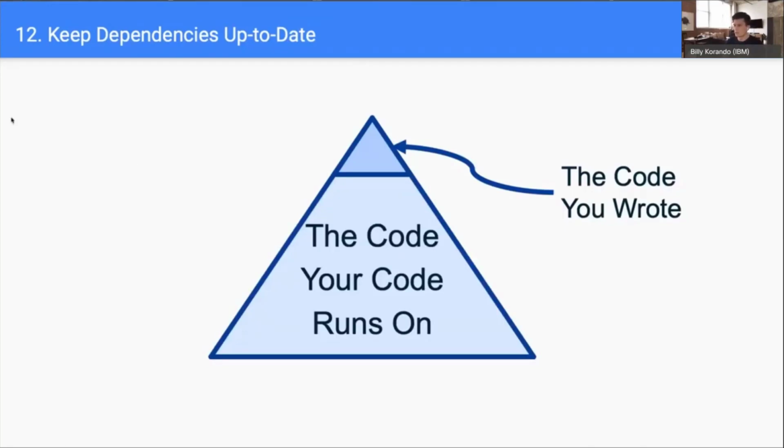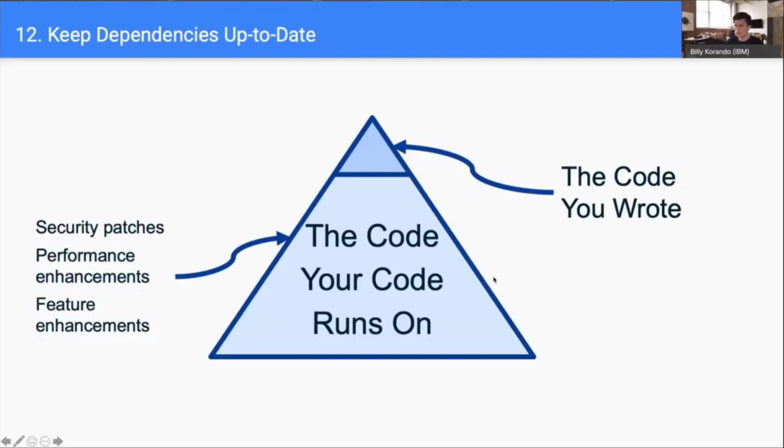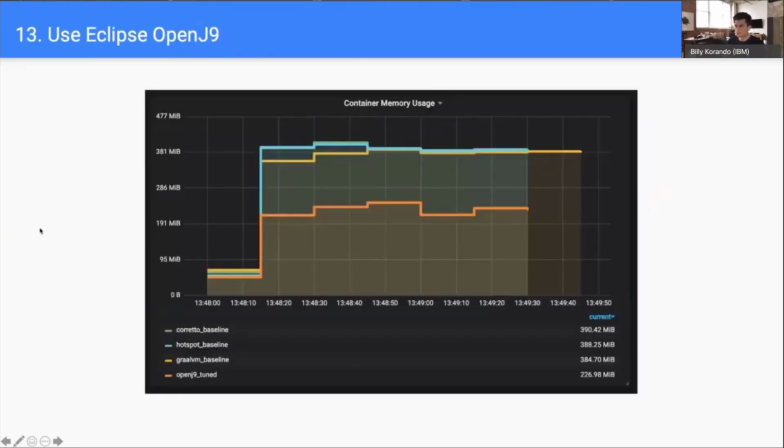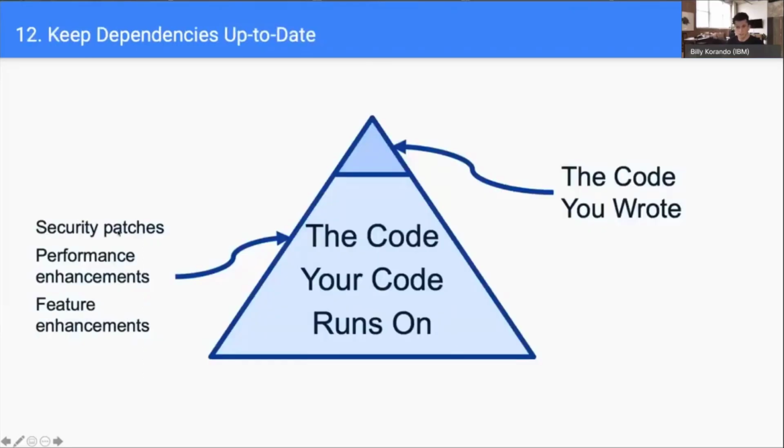Because here's our first party code, whether it's a monolith or microservices, up here, and then here's all the code our code runs on: Spring Boot, Jakarta stuff, Java, the JDK, whatever operating system. All this stuff exists down here, and here come security patches.